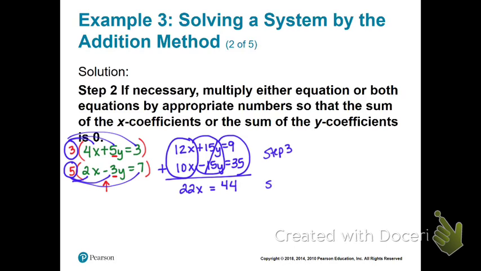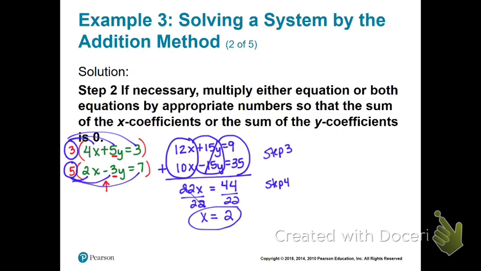And now what we're about to do here is step 4, which says solve the equation in one variable. So let's solve. How? Divide by the 22. And so we get that x equals 2, right?